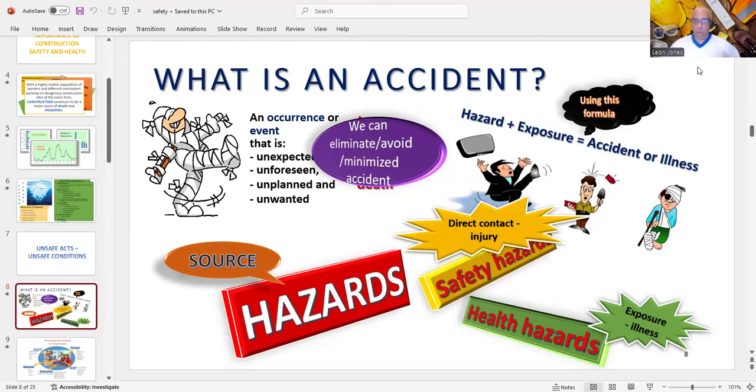So you have your source, you have your hazards, you have safety hazards, you have your health hazards. Now, you can break those hazards up into two categories as well, because under hazards, you have your direct contact injury, and that's a safety hazard. And when you have an illness, that's known as a health hazard.